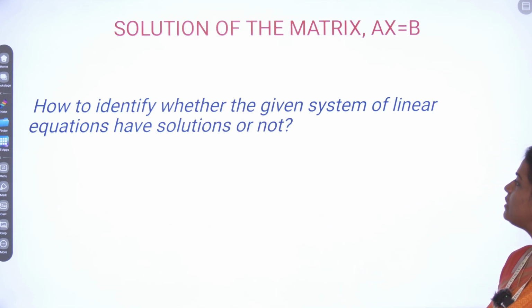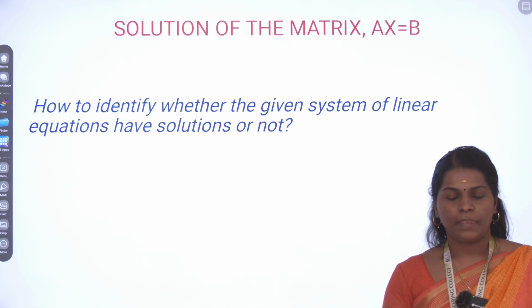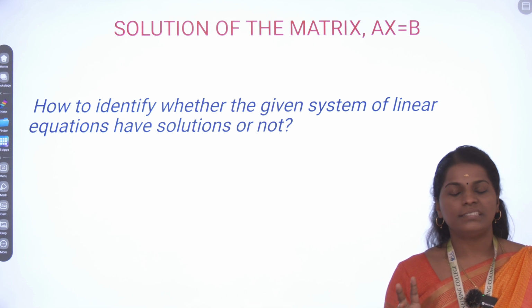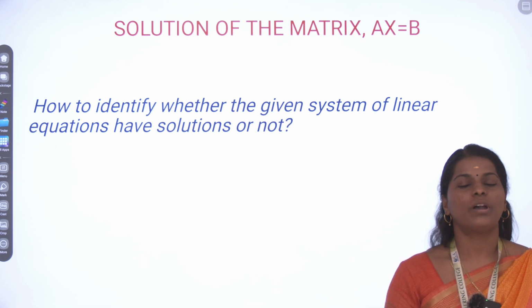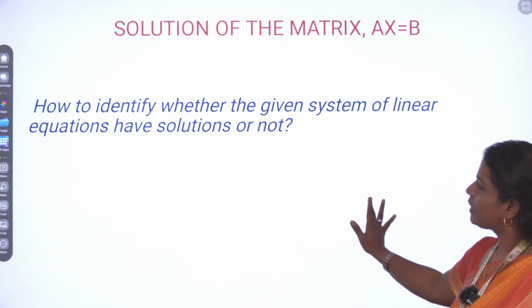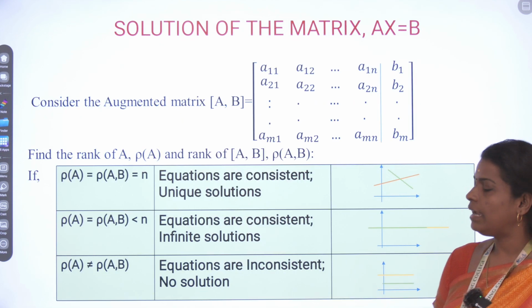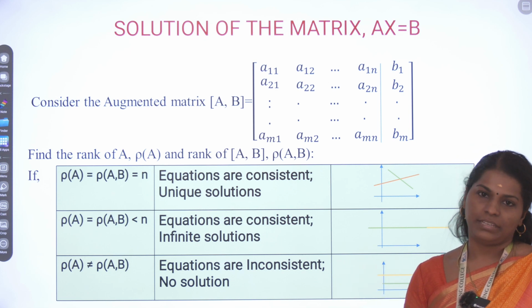How to identify whether the given system of linear equations has solutions or not? When we consider the system, it may have a solution, it may not have a solution. How to identify it? For that, we consider the augmented matrix.